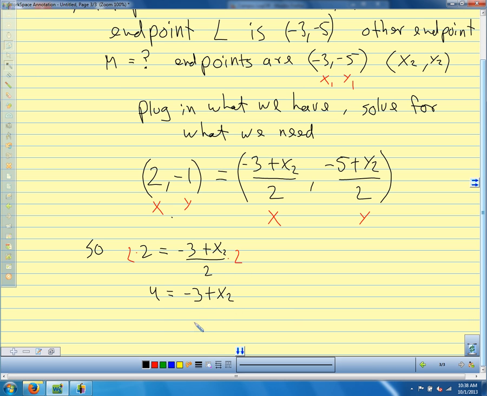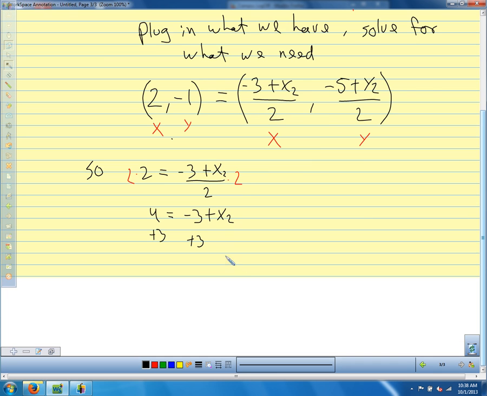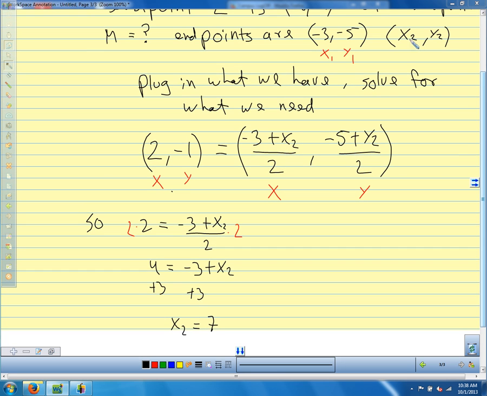Now what can I do? Leif, what did you say before? Oh yeah, add 3. Now we can add 3, because I don't have that in the fraction. Now I'm going to turn this around and say x2 equals 7. So there's the x coordinate of the other endpoint.